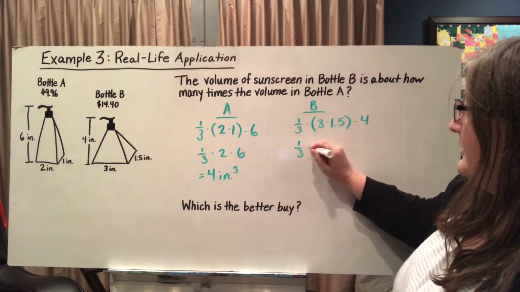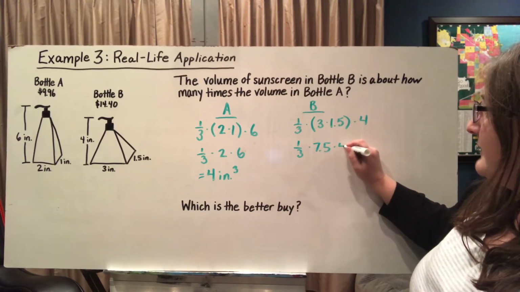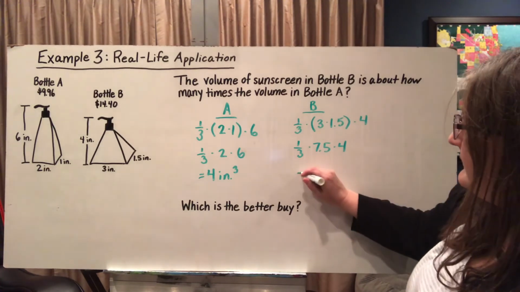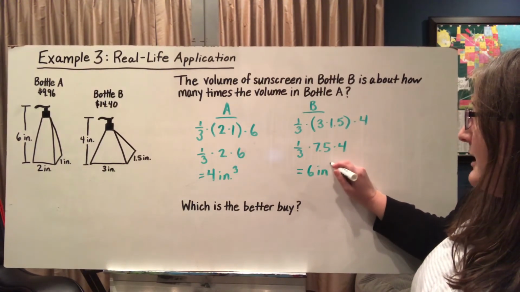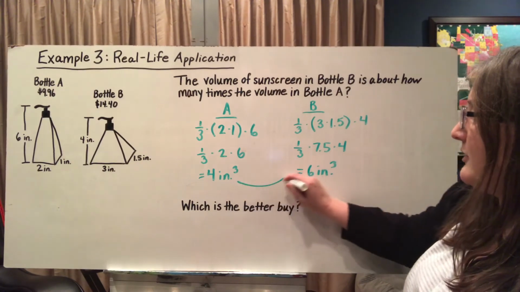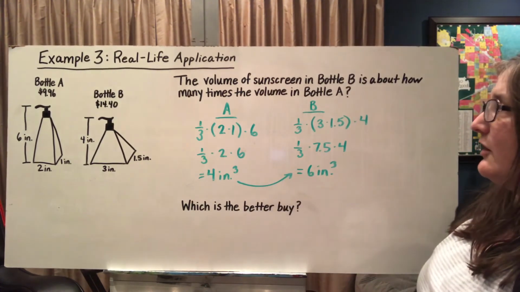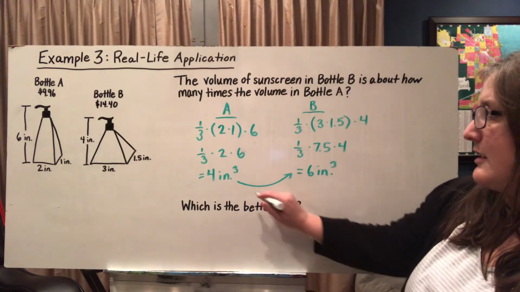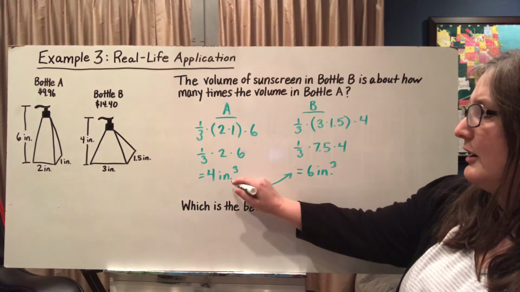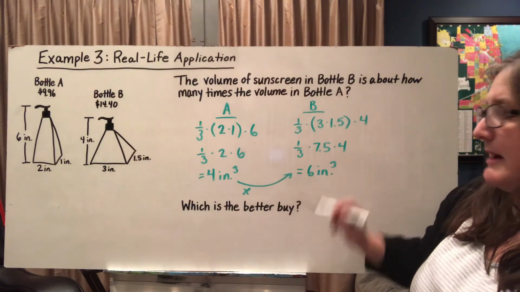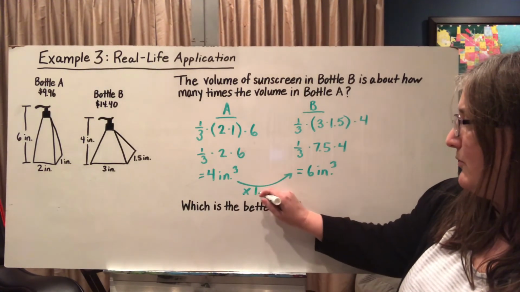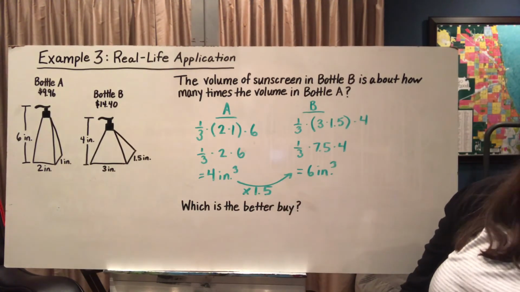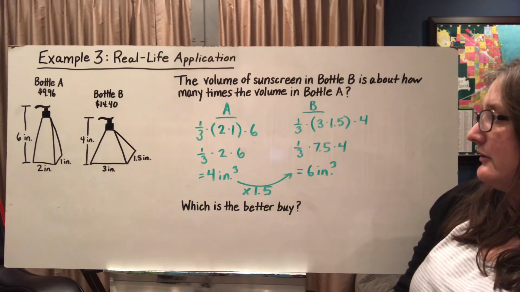So I'm going to get 1/3 times 7.5 times 4, which is going to give me a total of 6 cubic inches in bottle B. So when I'm trying to figure out how many times the volume of sunscreen from bottle A fits in bottle B, I have to figure out what am I multiplying to get from bottle A to bottle B. How much greater is it? And I get 1.5. So bottle B holds 1.5 times the sunscreen of bottle A.